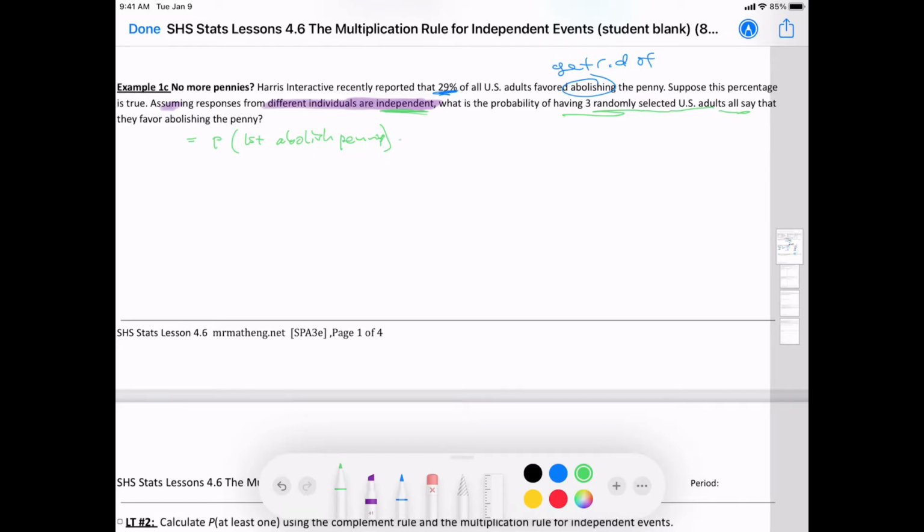It doesn't affect their outcome or probability. The second person is also saying abolish, get rid of it. And then the third person is also saying independently, that's why it's multiplication here. The third person is saying abolish the penny.